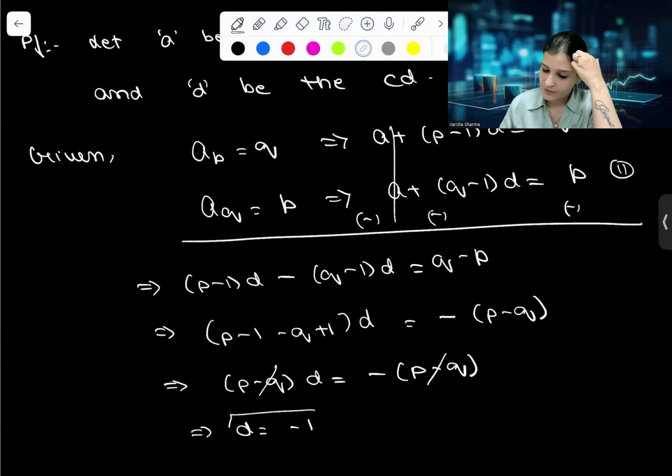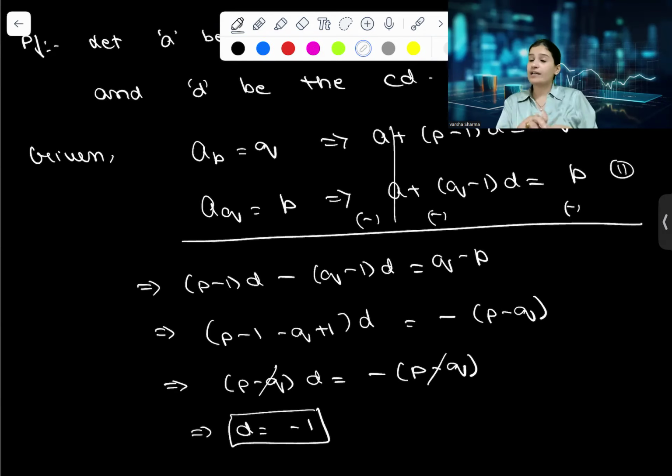Now what is our game plan later? We'll substitute this value of d in any one of the equations and find a. See, understand first, guys. The letters p and q were given in the question, right?